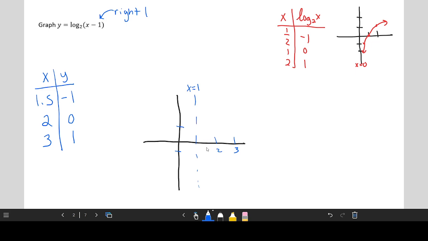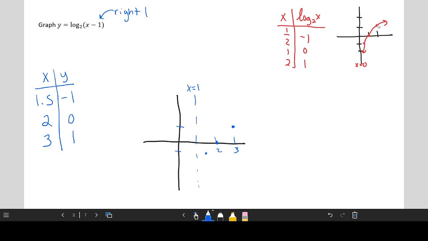And so then we can plot those points that we just got: (1.5, -1), (2, 0), and (3, 1).